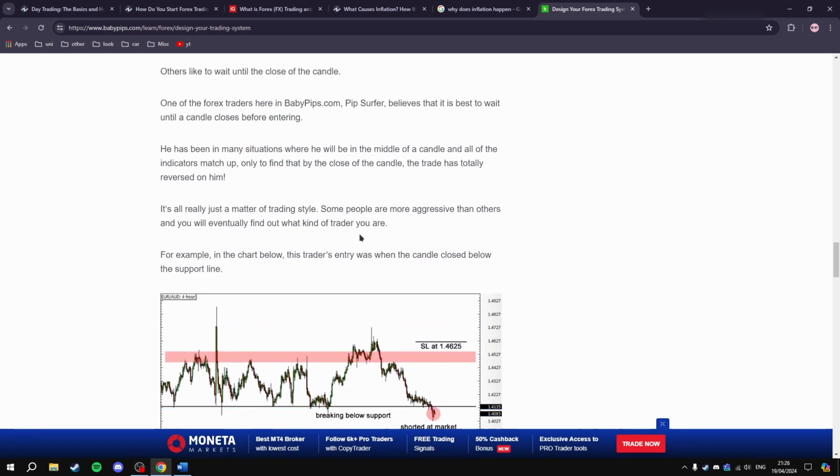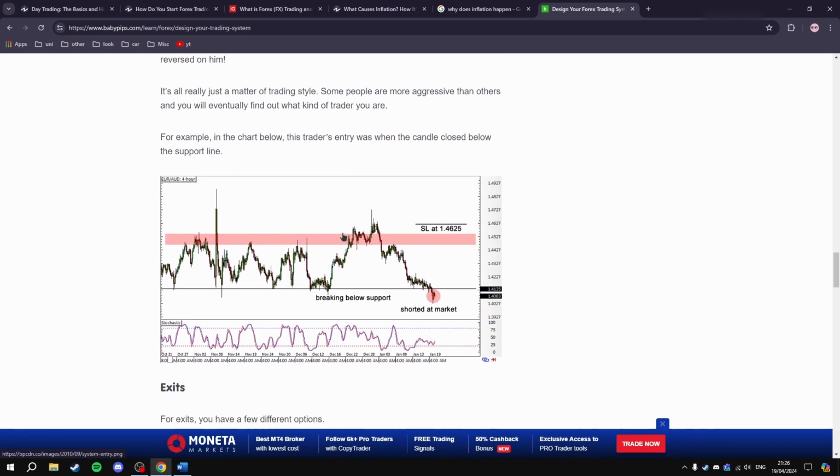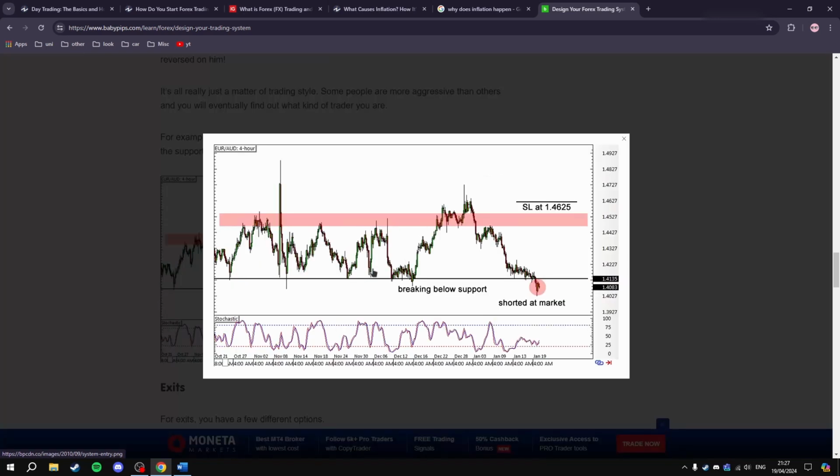In the chart below, this trader's entry was when the candle closed below the support line. So support at 1.4625, breaking below the support line, shorted at market.